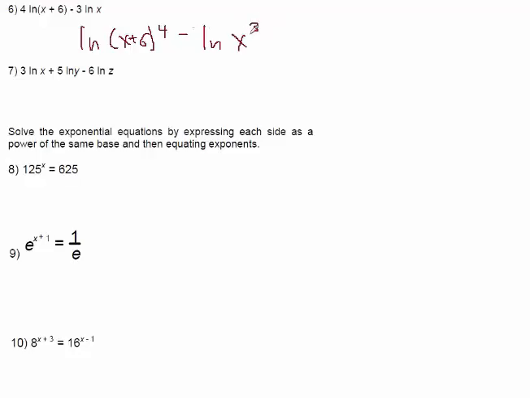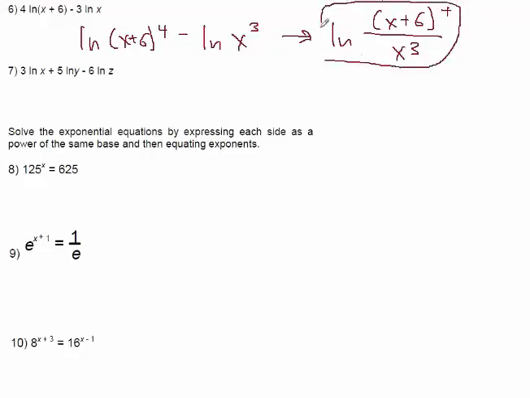And then to combine them, since it's subtracting, we can divide them: ln of x plus 6 to the fourth power divided by x to the third power. I don't see any way to really combine it. Maybe you could multiply this out, but probably not. I think you can just leave it like this.